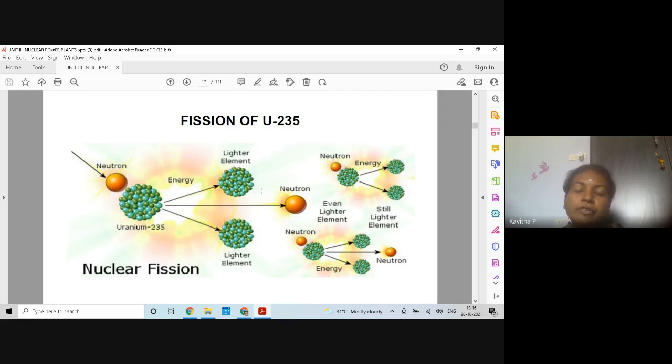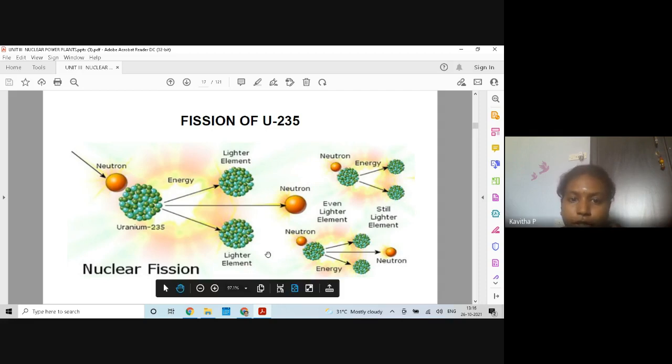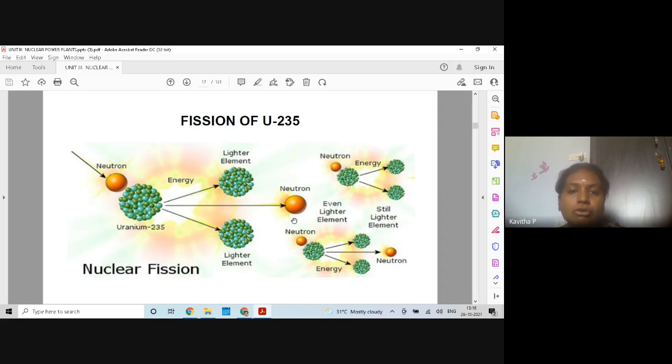If it keeps on multiplying without any control, there are more chances for the entire reactor to lead to a massive explosion, which could be a huge disaster. To avoid this, of the three neutrons generated by the fission process, only one neutron is allowed to carry forward the chain reaction. The remaining two neutrons are absorbed by the control rods.